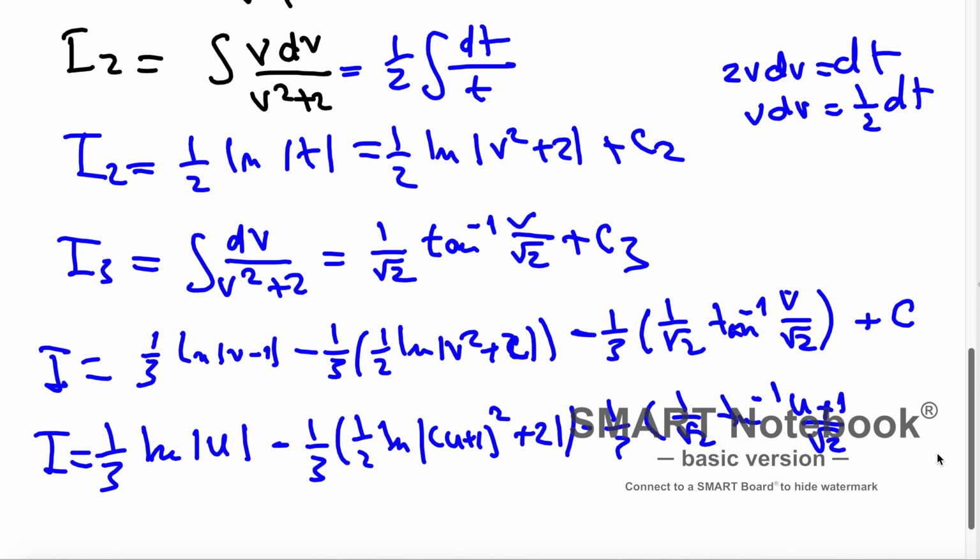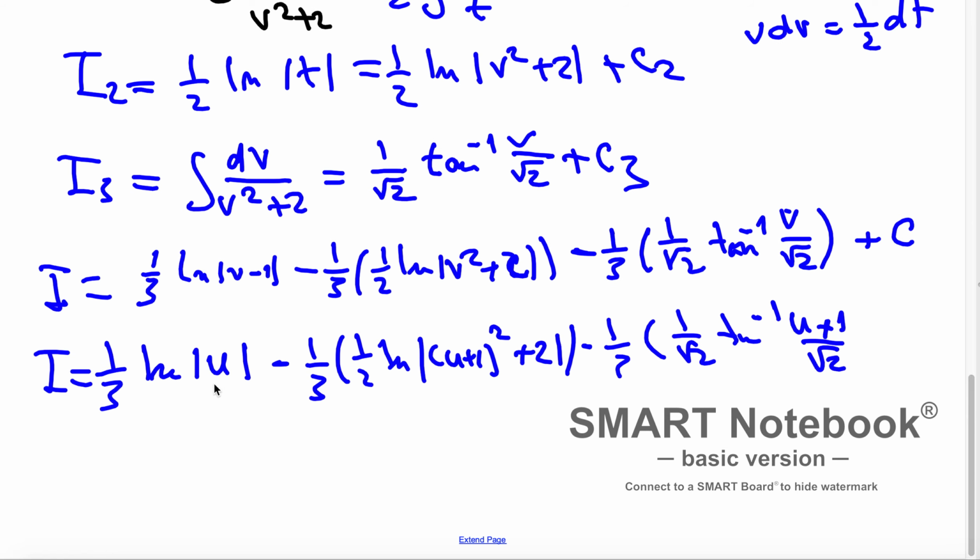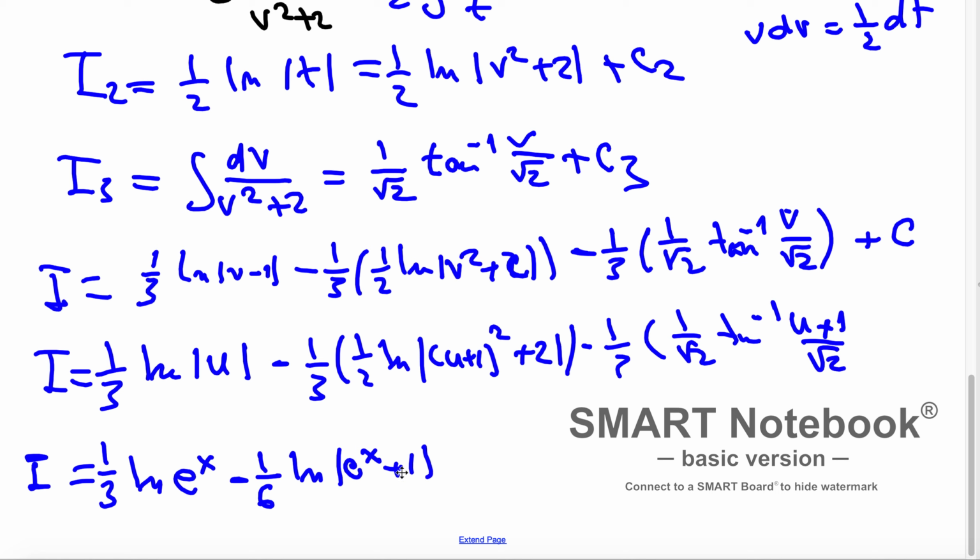Okay. And now, u was in x. So the integral I is equal to 1 over 3 ln of x. And this one, minus 1 over 3 times 1 over 2, is minus 1 over 6. I can write 1 over 6 ln, and instead of u we have x plus 1, squared, plus 2.